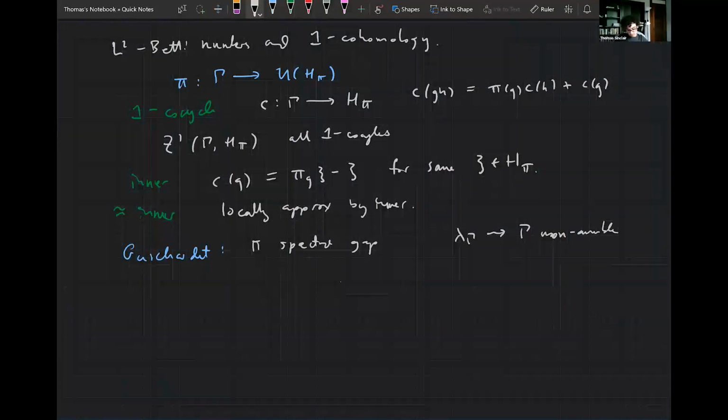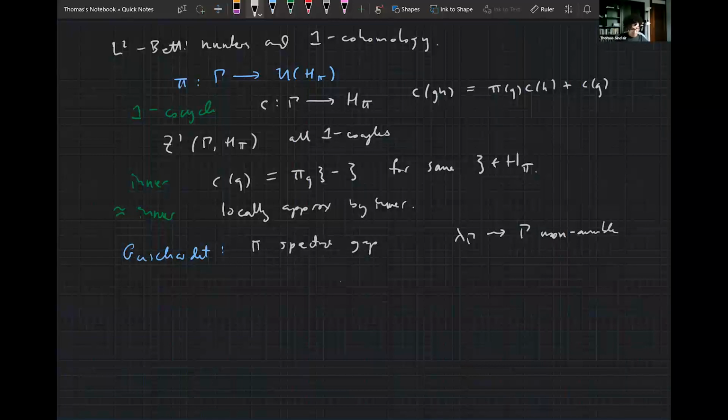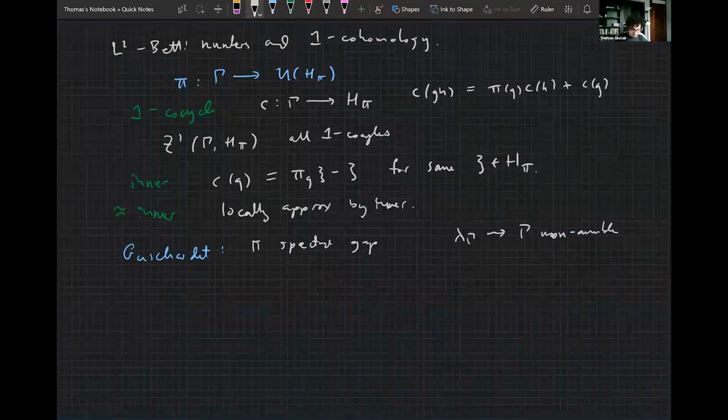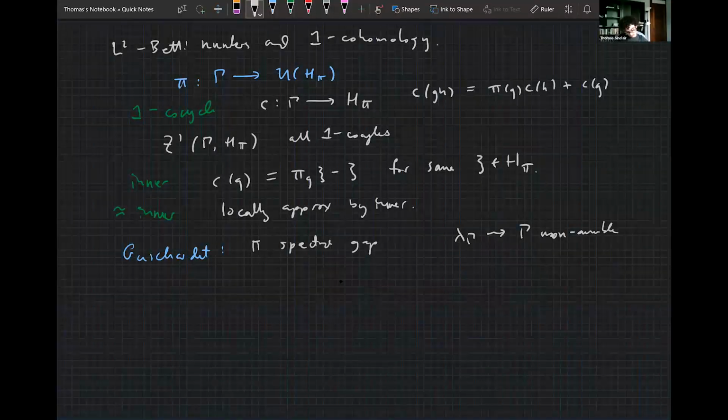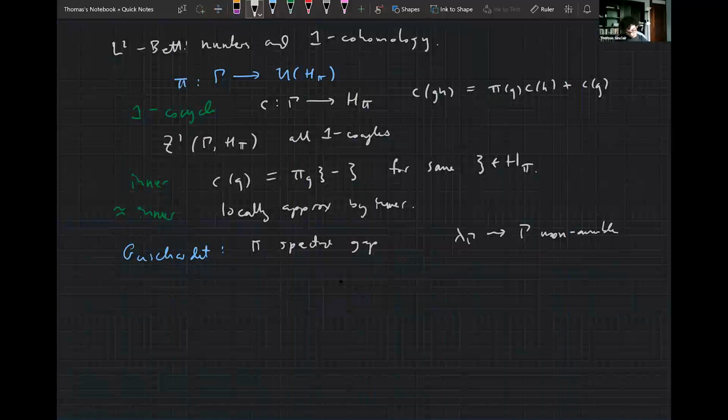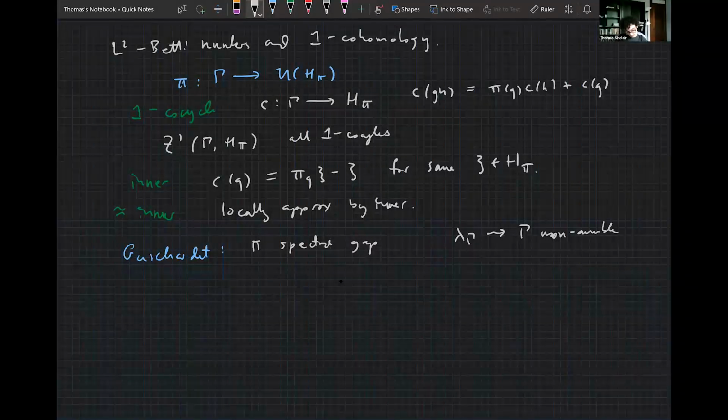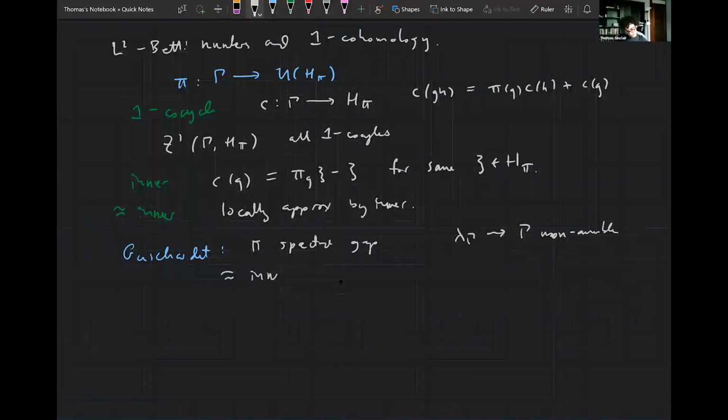So if you have spectral gap, and for the left regular you can just gloss that as being non-amenable, then approximately inner implies inner. So the inner things are already closed.